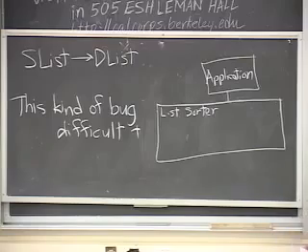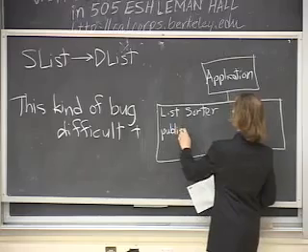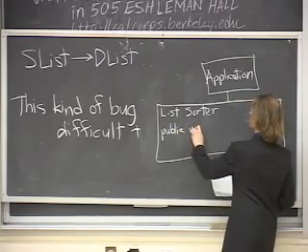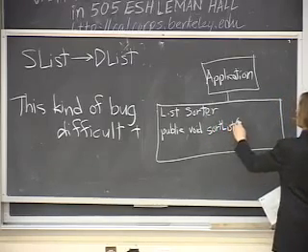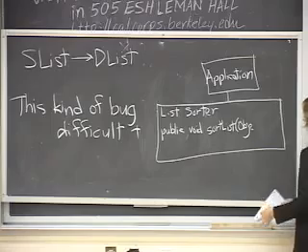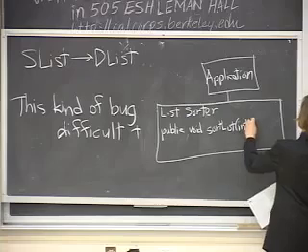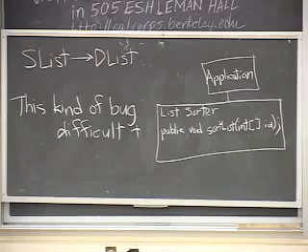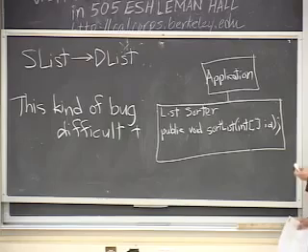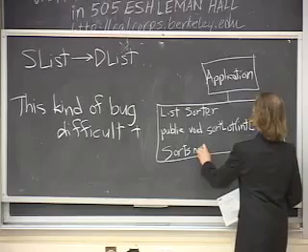And the interface to the list sorter might just be one single method, something like public void sortList. Let's make it ints, just to make it simple. Some array of ints. So your prototype is half of your interface. Your other half of the interface is a plain English description of what it does, like, for instance, sorts numbers from smallest to largest.